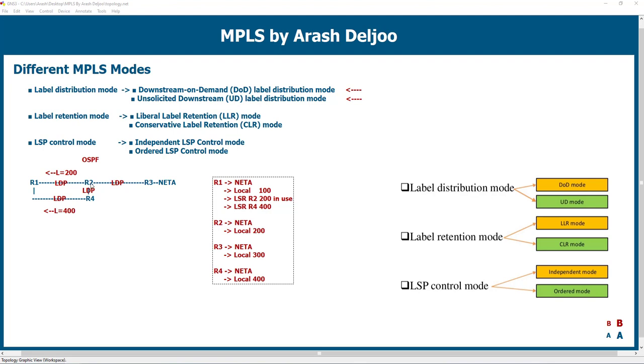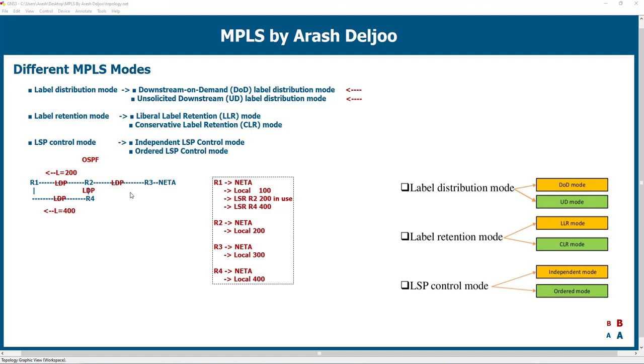R1 requests from its next hop, that is R2, the downstream LSR, on an LSP. LSP means, for example, net A. A label binding for that FEC is requested, and then each LSR receives one binding per FEC, per destination, only from its downstream LSR for that FEC. The downstream LSR is the next hop router indicated by the IP routing table, for example by a routing protocol.